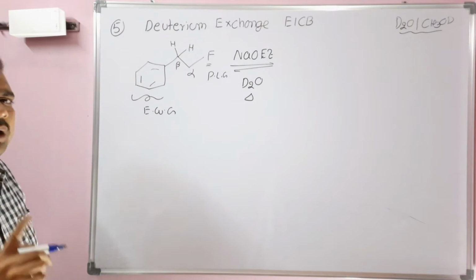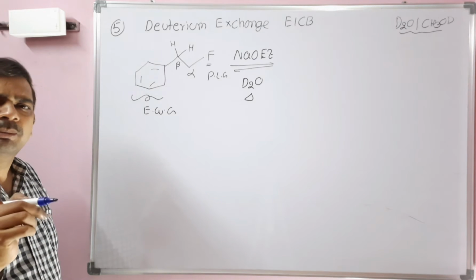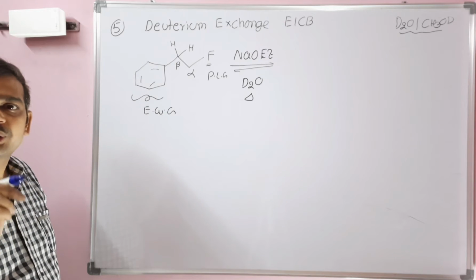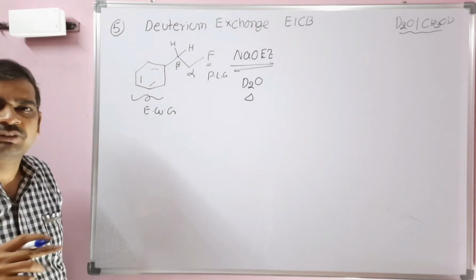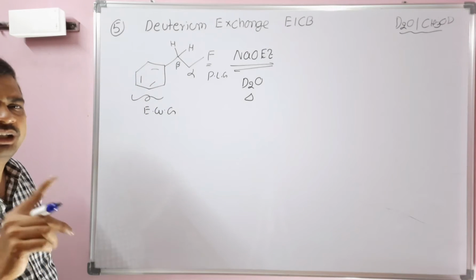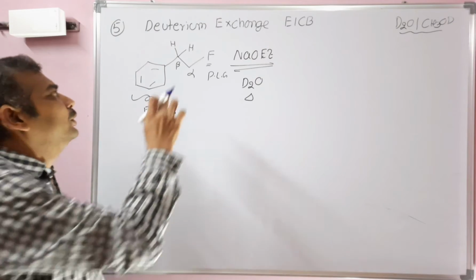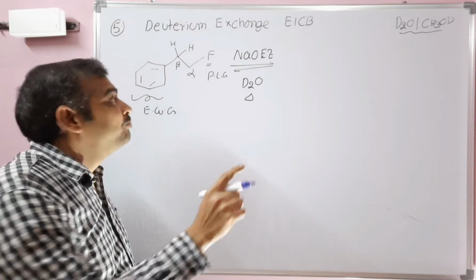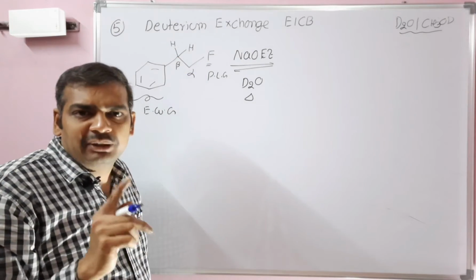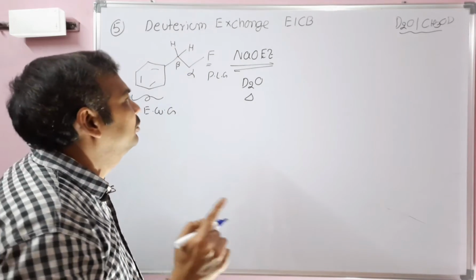If two beta hydrogens are available, remember that we will get a deuterated final compound. If only one beta hydrogen is available, we will get a final compound without deuterium.